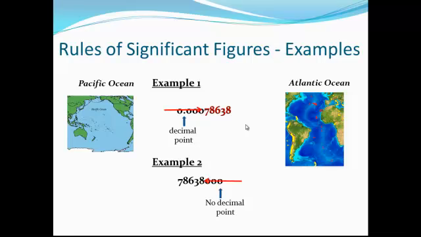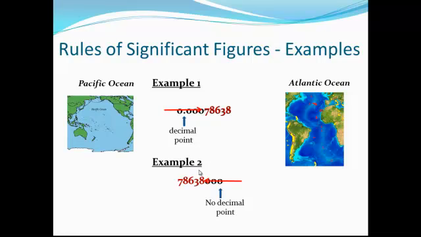You draw the arrow and cross all the zeros out, encounter the first non-zero number, which is 8, and start counting all the digits. So the digits 8, 3, 6, 8, 7 are also 5 significant figures.